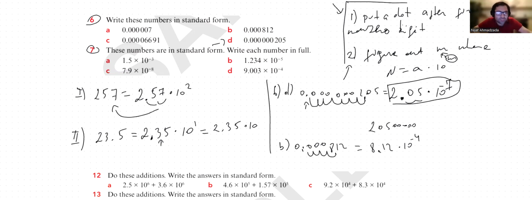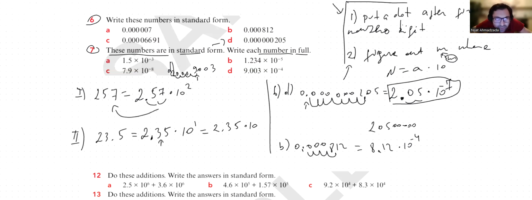Now let's go to question 7. These numbers are in standard form. Write each number in full. So, let's say part D. It is -4, so that means I have the number 9003 here. Since it is -4, I'll go 4 steps. 1 step, 2 step, 3 step, 4 step. So I put 0 here and then 0, 0, 0.